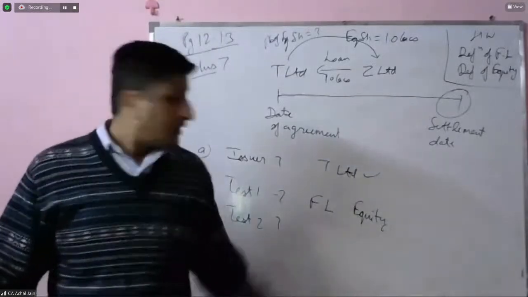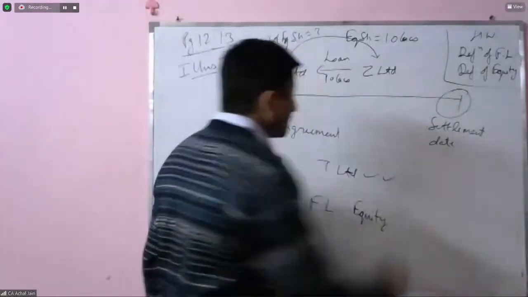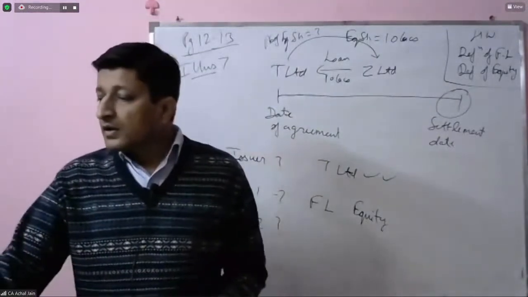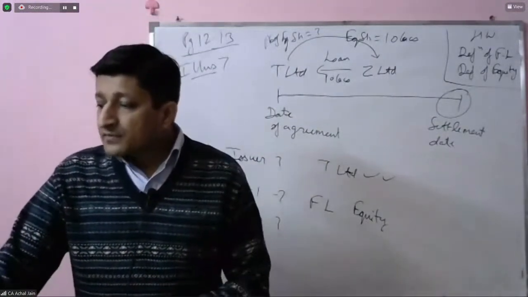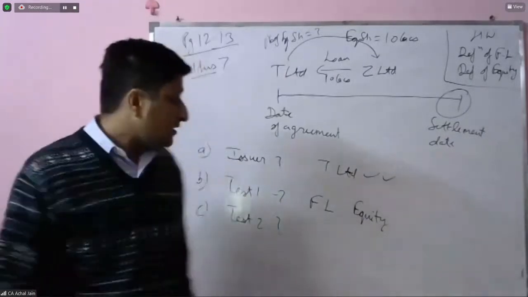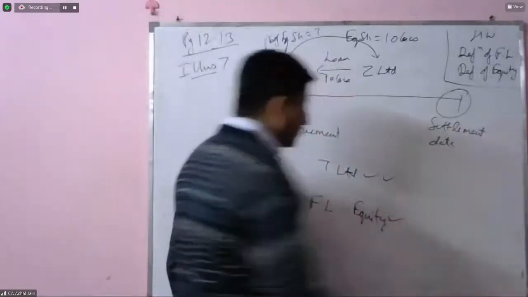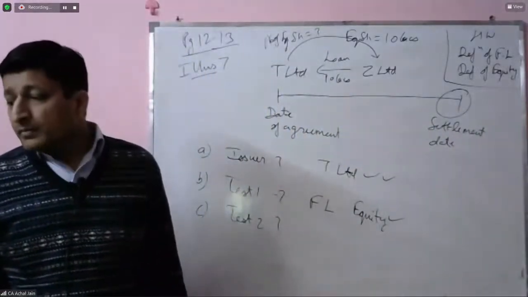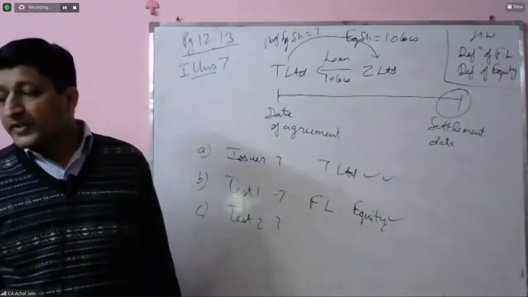Kaustav is saying yes, T limited is the issuer. So great, that means you are clear on the issuer and holder. For B, test 1 has to be performed, whose outcome is equity. Test 2 will also be performed, but it will fail as it's not fixed for fixed.